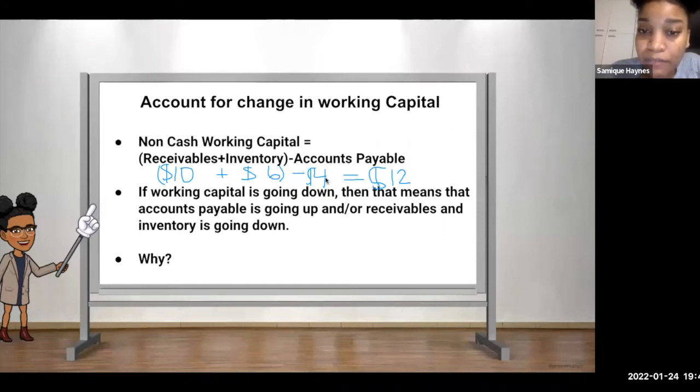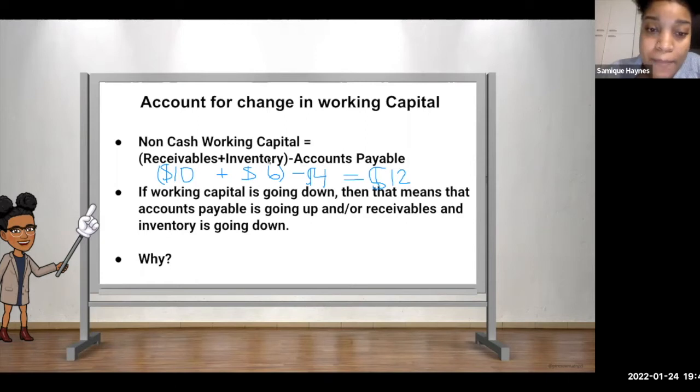What happens if accounts payable changes to $6? It goes up. What happens to non-cash working capital? It's going to go down. Okay, correct.